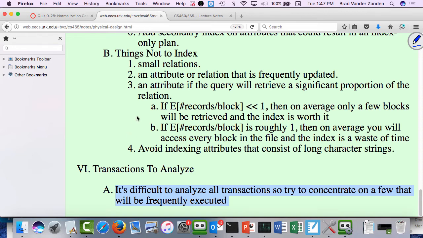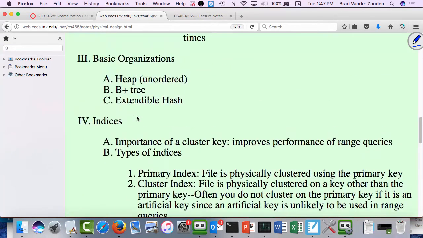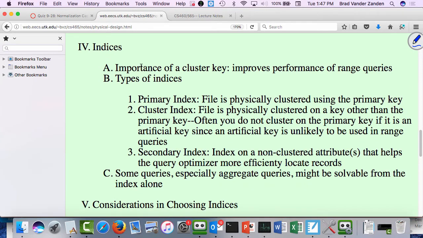Okay, I will be testing you over this stuff. I expect you to know, in general, I may give you an attribute on an exam and say, are you likely to index it, yes or no? And you tell me why. If I say hotel number, you say, primary key, probably going to be a secondary index because it's artificial and it's involved in a join.